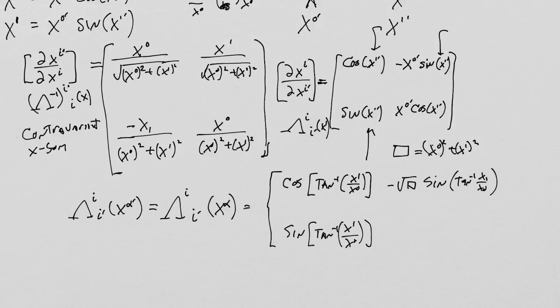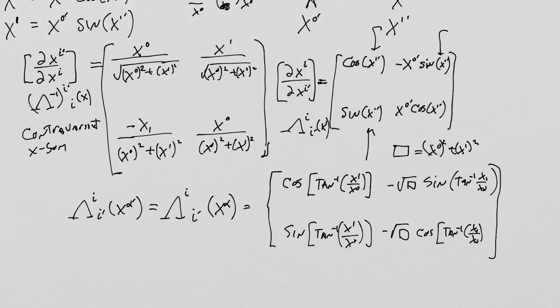And this one here is minus the square root of box times the cosine of the inverse tangent x1, x0.